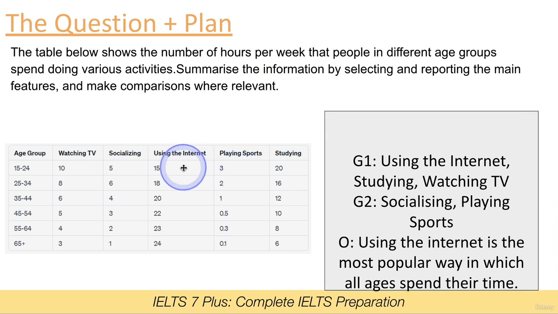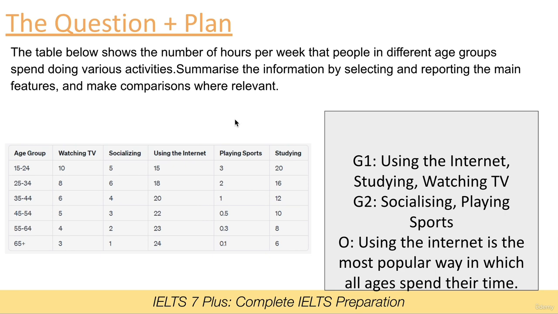So I know that, for example, the younger groups, 15 to 24, spend more time studying. However, that's okay for the overview. We're just doing a sweeping statement, if you like. And we're not going into detail with the overview. That's for later, for the body.